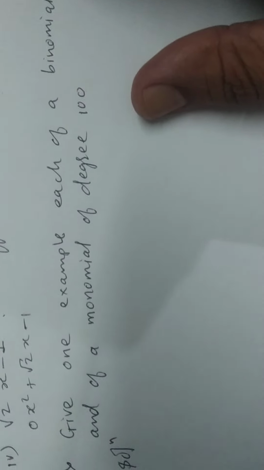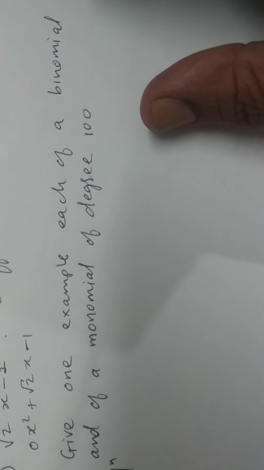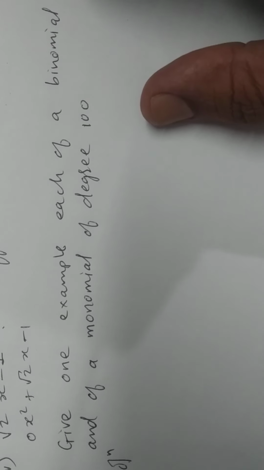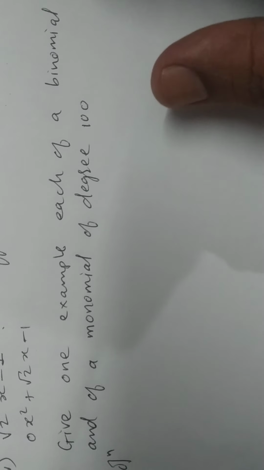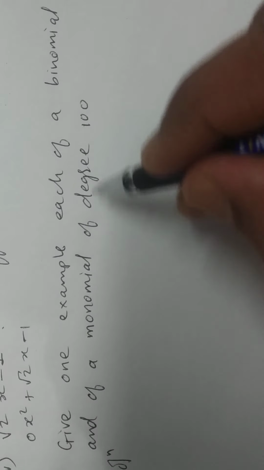Now question number third is, give one example each of a binomial of degree 35 and of a monomial of degree 100. Binomial means a polynomial with two terms. Let us see the example first.